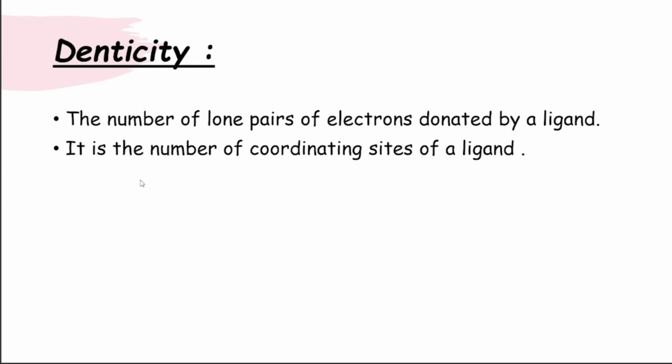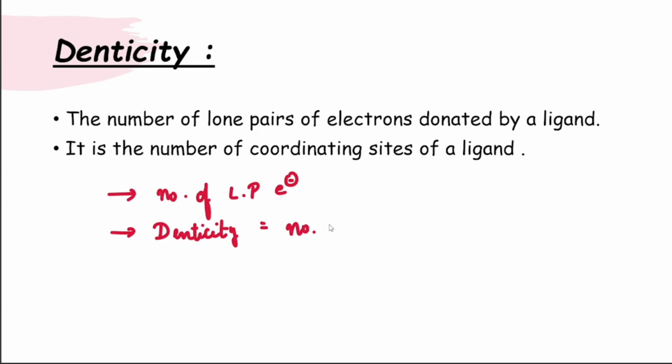In a simple way we can say that denticity is equal to the number of lone pairs of electrons, or the number of sigma bonds formed by ligands.